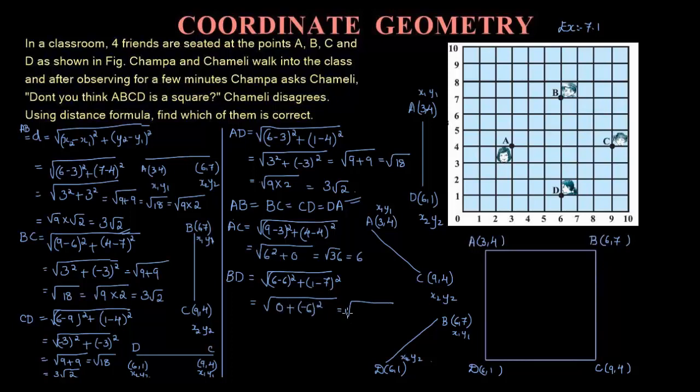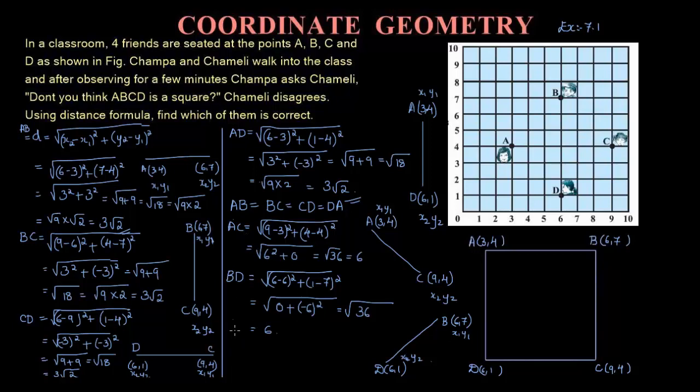So 0 square is nothing but 0 itself, and minus 6 square is minus 6 into minus 6, which is equal to plus 36, right? So what are you going to get then? Here root of 36 is there, so you are going to get the answer 6.